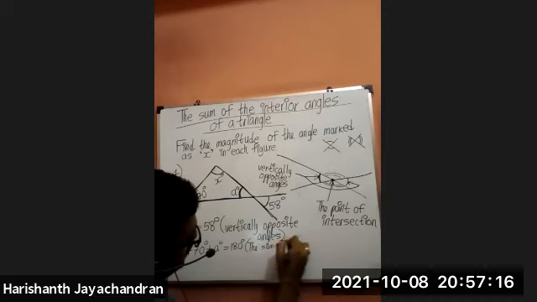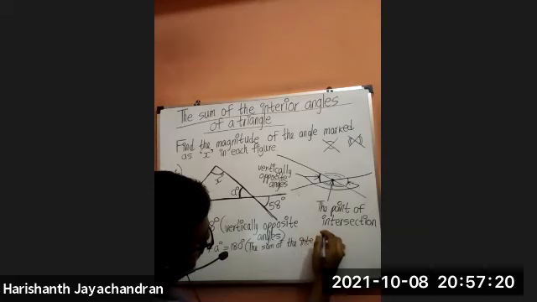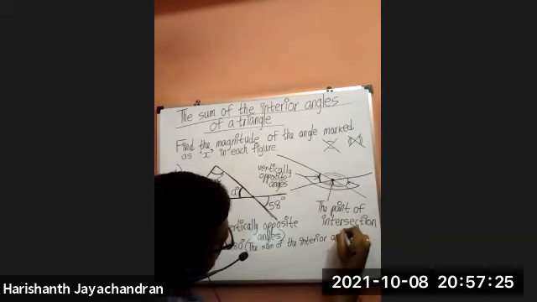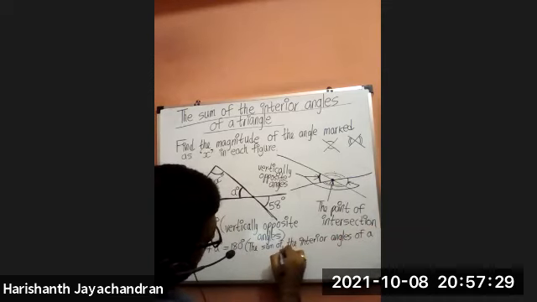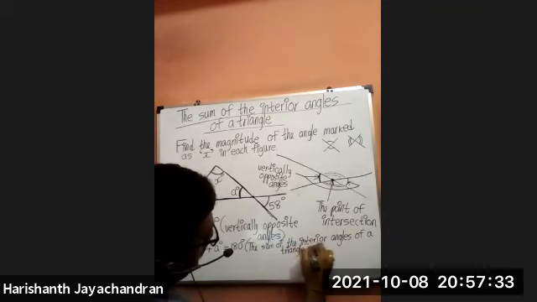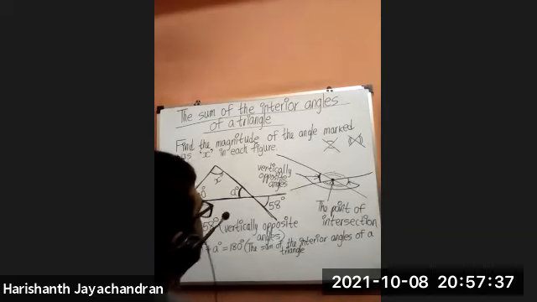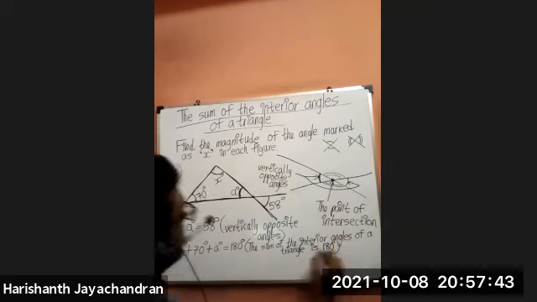The sum of the interior angles of a triangle is 180 degrees, right?